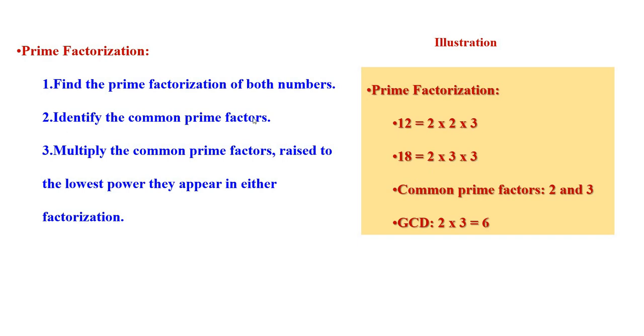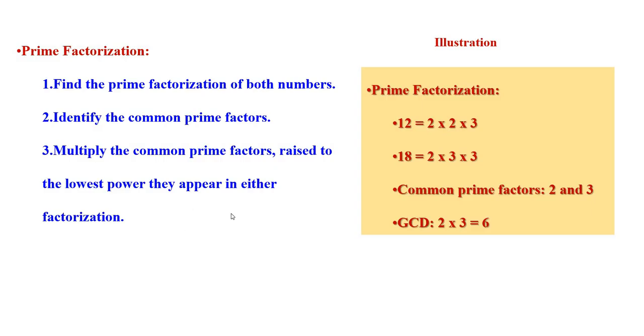Now, identify the common prime factors. What are the common prime factors? 2 and 3 are the common prime factors. Multiply the common prime factors, raised to the lowest power they appear in either factorization.